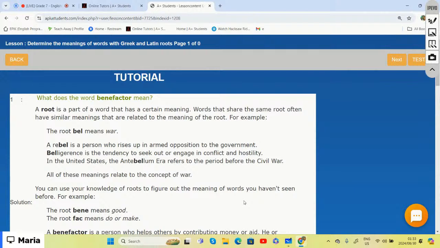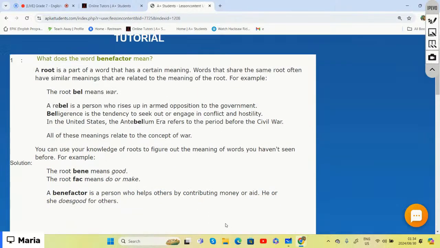So we made mention of the root word bel. Bel means war. And we looked at words with the same root word that have similar or related meanings to the meaning of the root word, like rebel, belligerence, and antebellum. And all three of the words have to do with war.